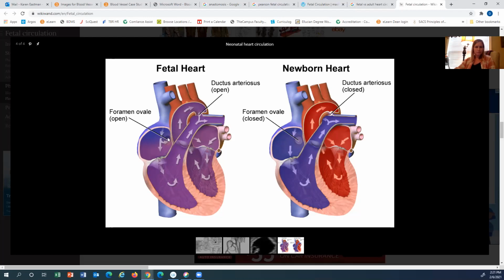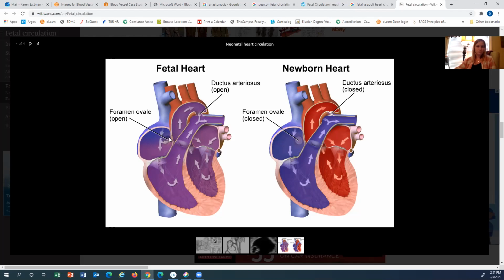So we have a hole in the wall between the right atrium and the left atrium. That hole is called foramen, which means hole, and ovale, which means oval. These two atria touch each other, like two rooms with a wall in between them, just like when you dissected your heart.